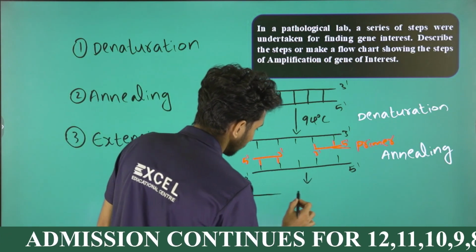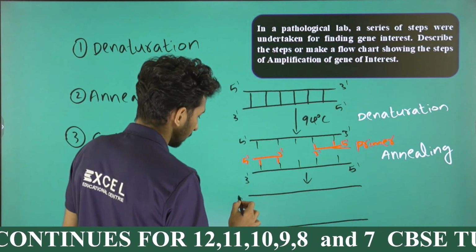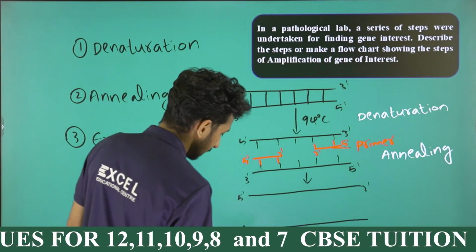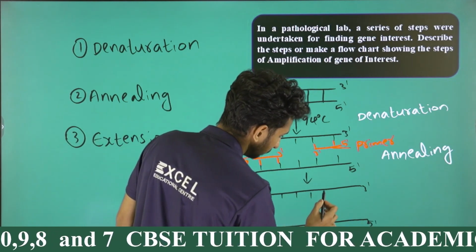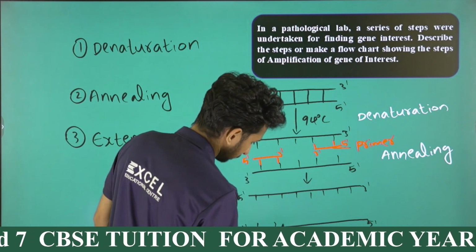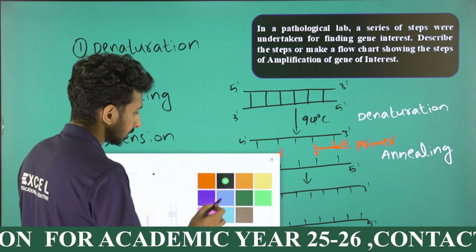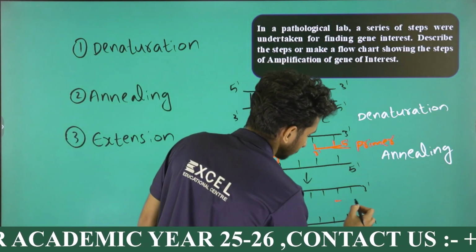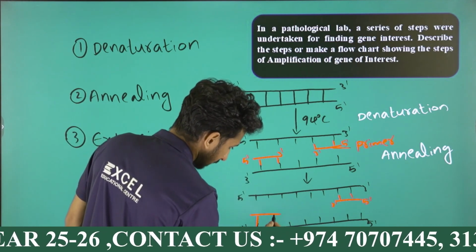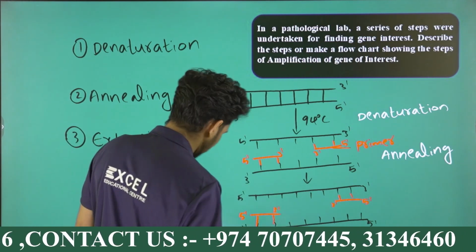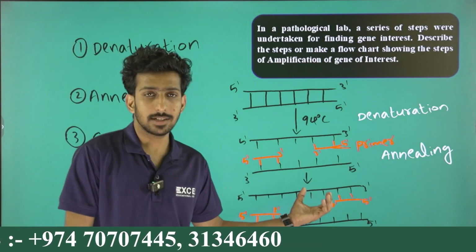Listen. This is one template strand. This is the other strand. 5 prime end, 3 prime end, 3 prime end, 5 prime end. Now the primers: 5 prime, 3 prime, here also 5 prime, 3 prime. Got it. Now listen.